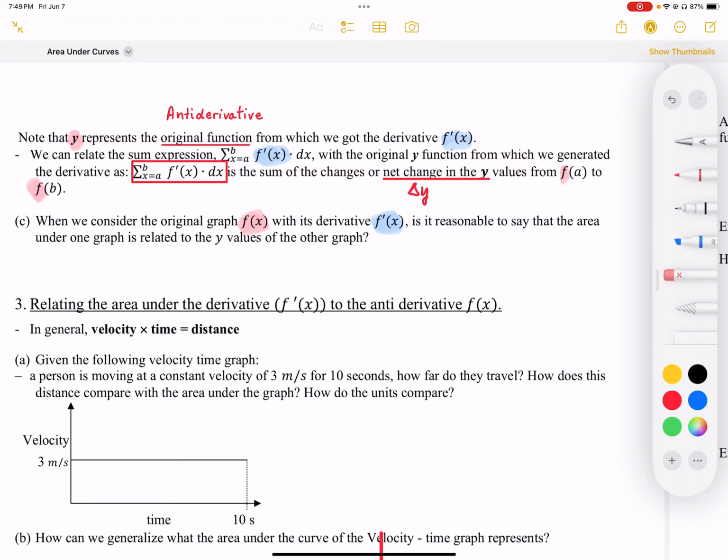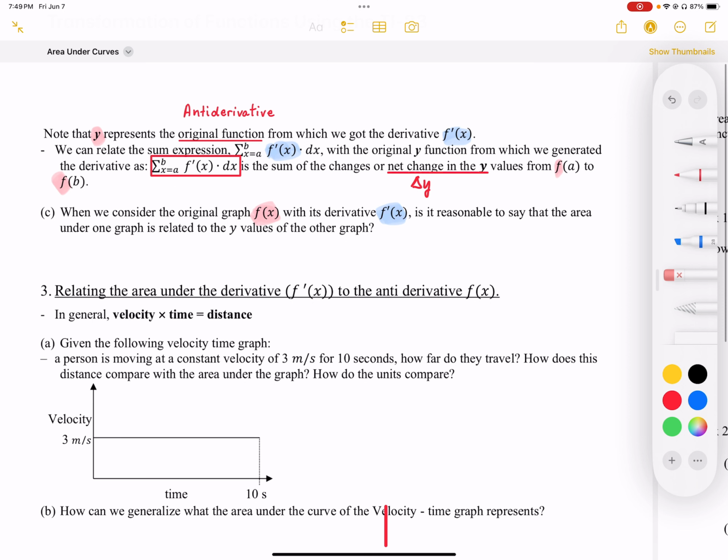So that's really important. That's what we're going to claim now: the sum of all those dy, all the rectangles, I'm going to write that here, the sum of the rectangular areas is equal to a net change in the antiderivative function.